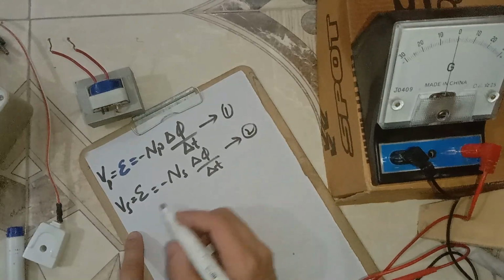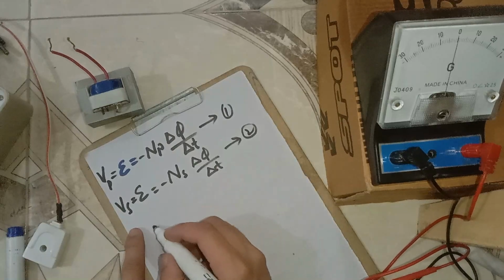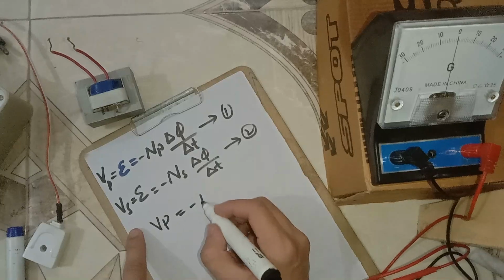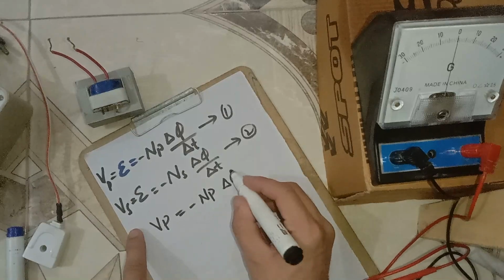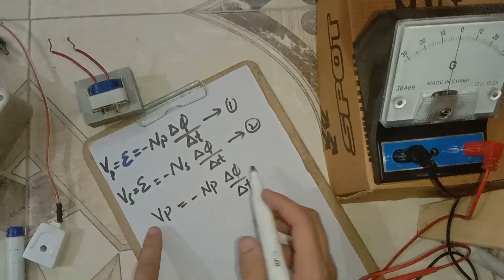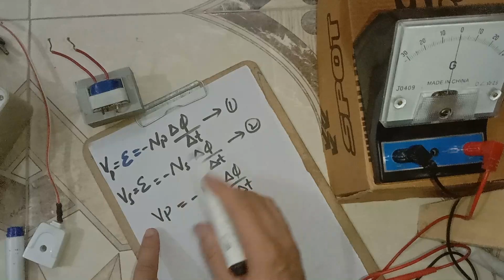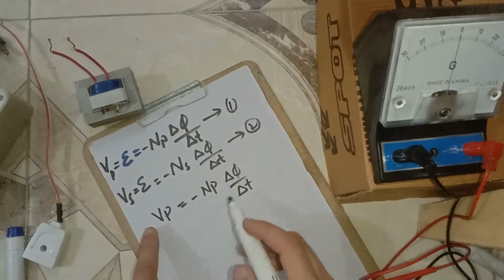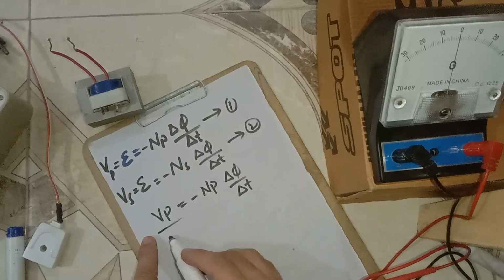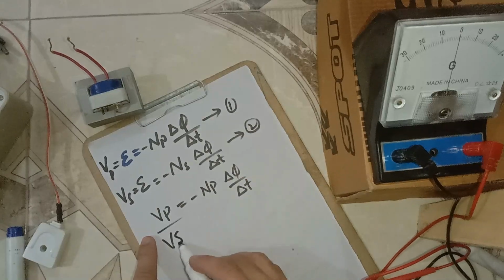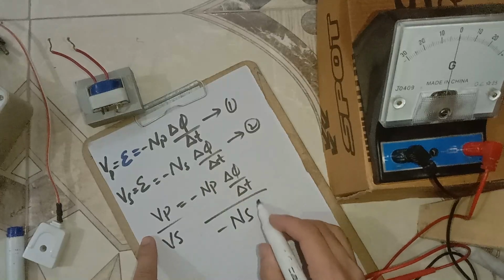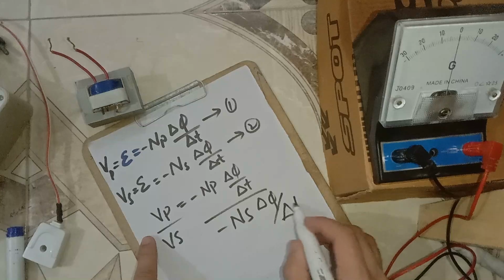So equation 1 is Vp equal to minus Np dφ/dt, and we have to divide equation 1 by equation 2. So this is equation 2, Vs, equal to minus Ns dφ/dt.